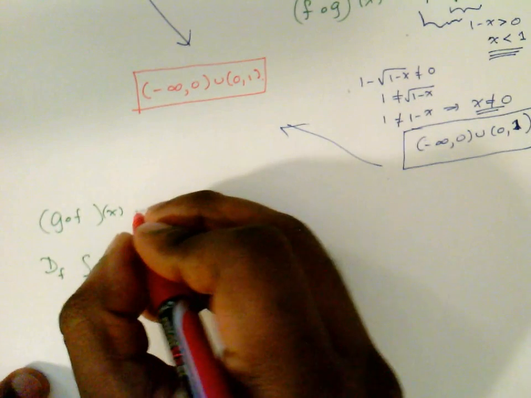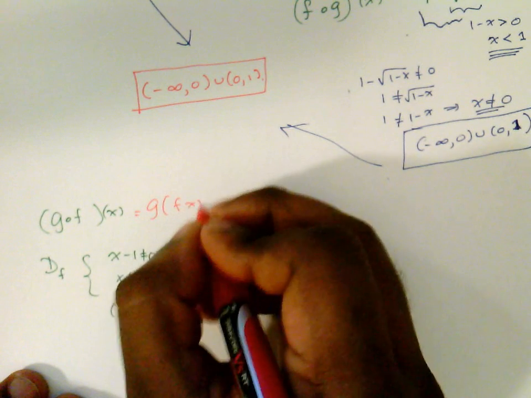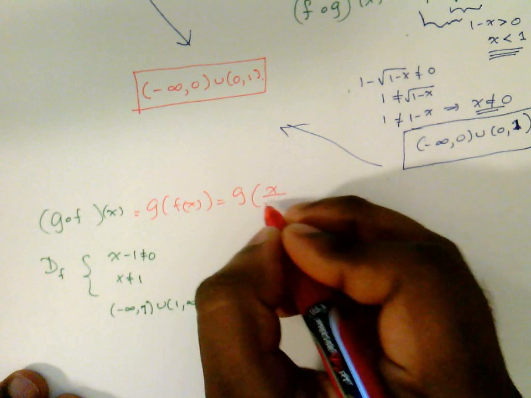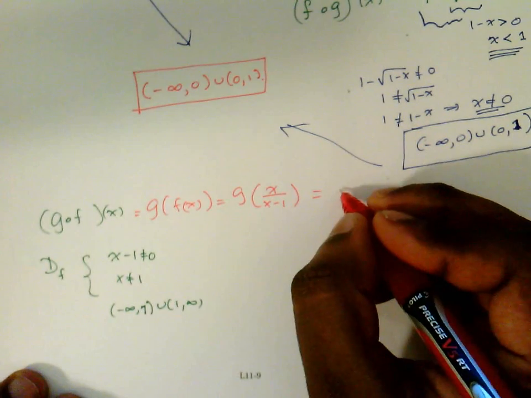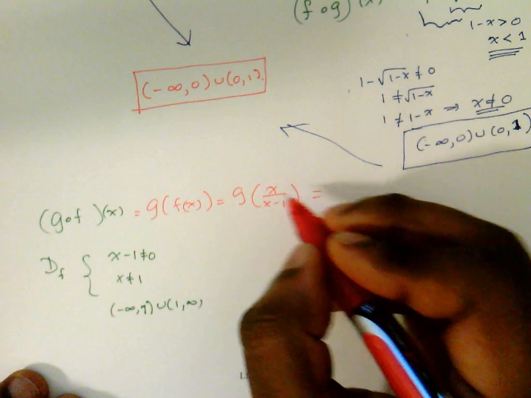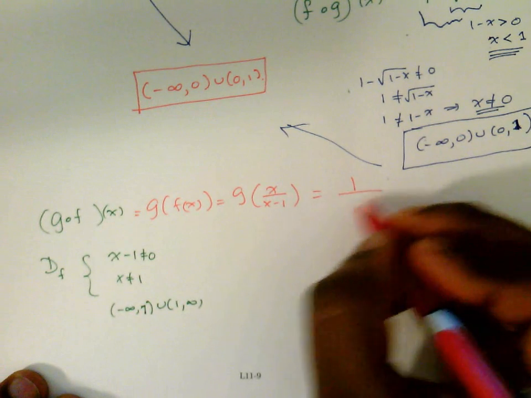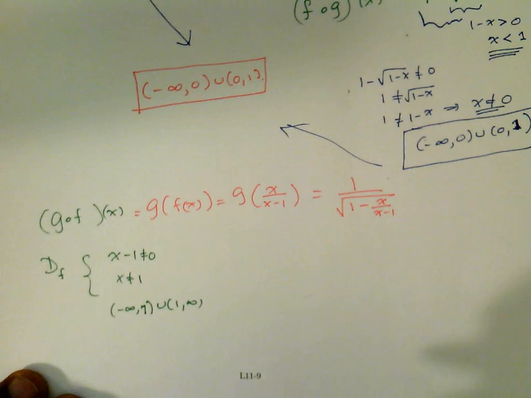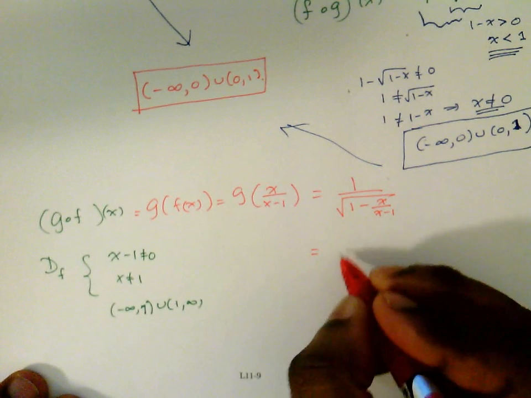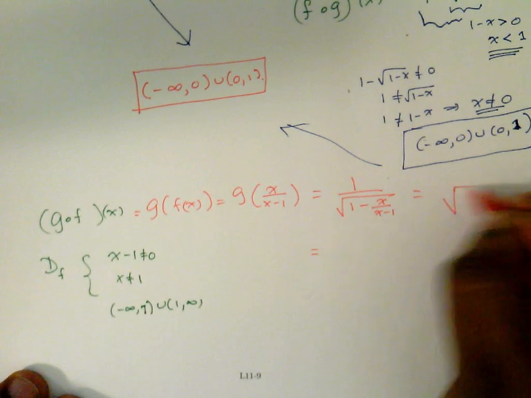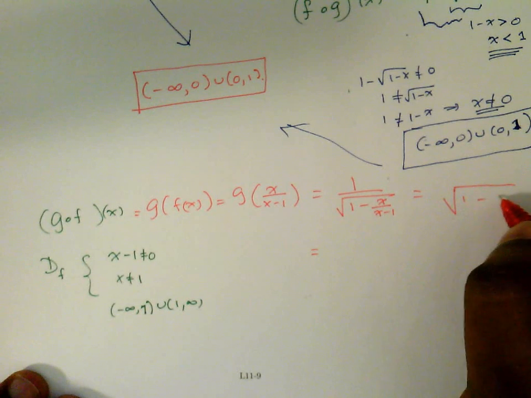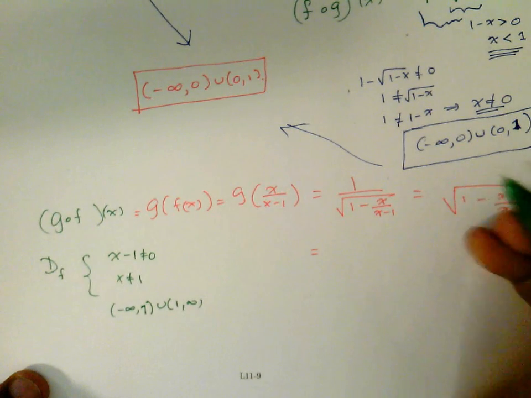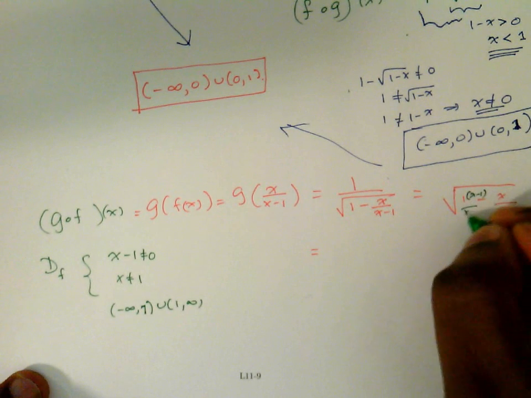Okay, so this would be g of f of x, which is g of x over x minus 1, and whenever you see x, you plug in this whole thing. So 1 over square root of 1 minus x over x minus 1. Let's simplify this. LCD. x minus 1, x minus 1.